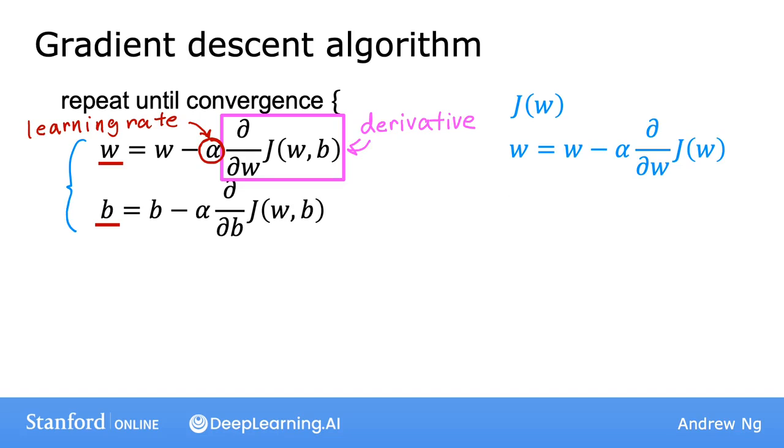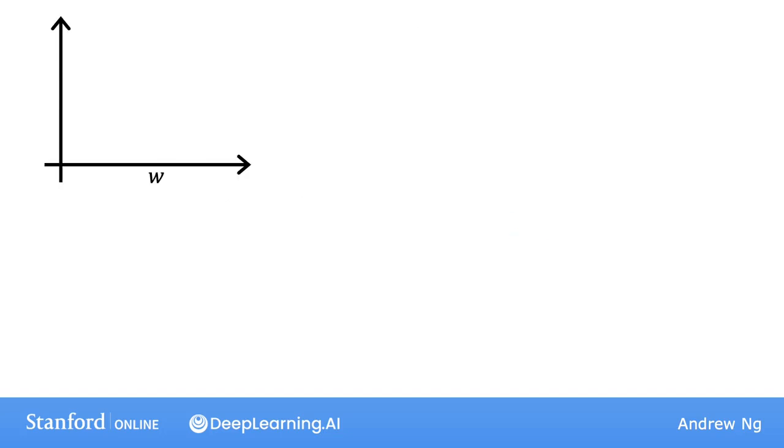And you're trying to minimize the cost by adjusting the parameter w. This is like our previous example where we had temporarily set b equal to 0. With one parameter w instead of 2, you can look at two-dimensional graphs of the cost function J instead of three-dimensional graphs. Let's look at what gradient descent does on this function J of w.